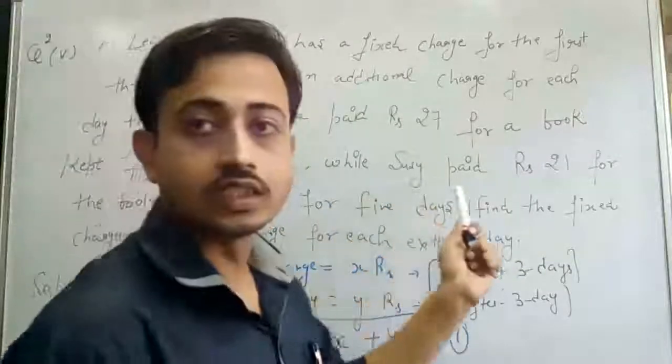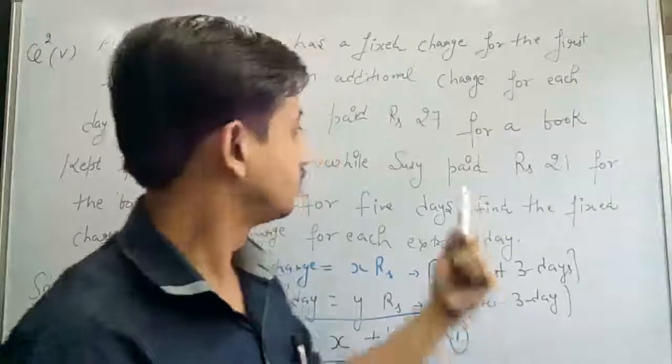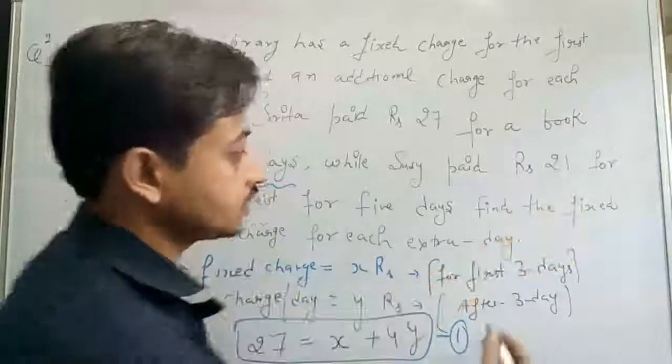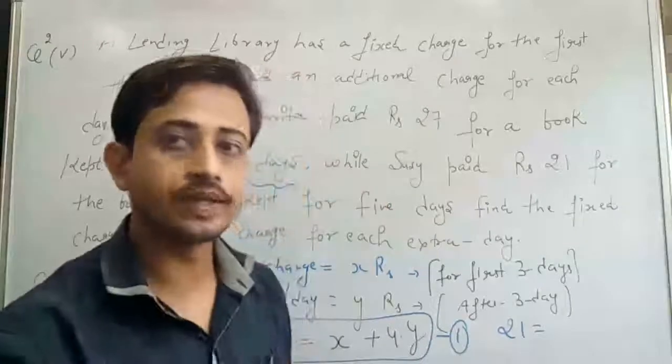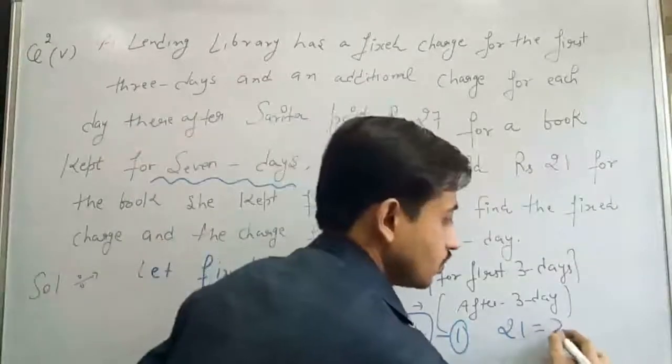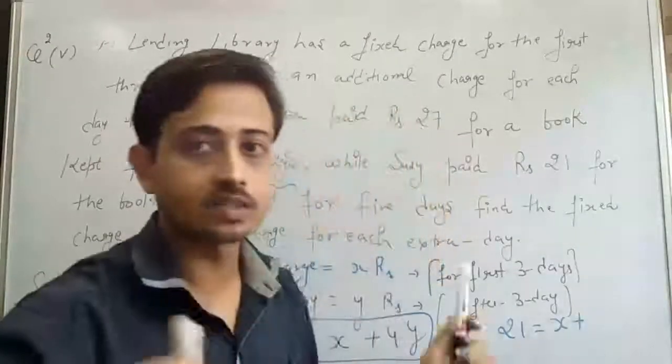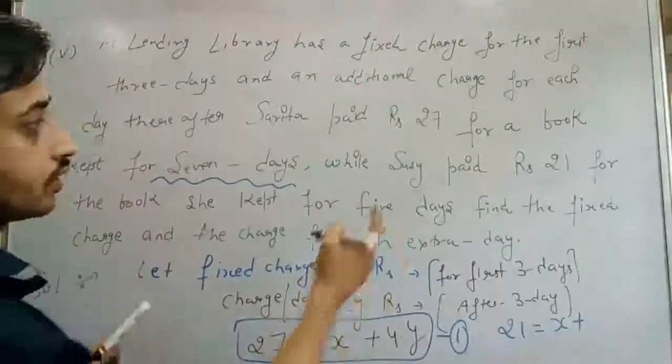Susie, another girl, paid 21 rupees. It means she paid 21, and we know she must pay the fixed charge, which is X, plus the charge per day. Please note it.